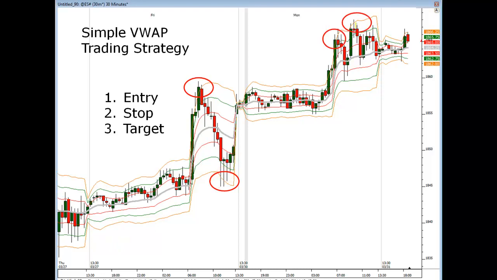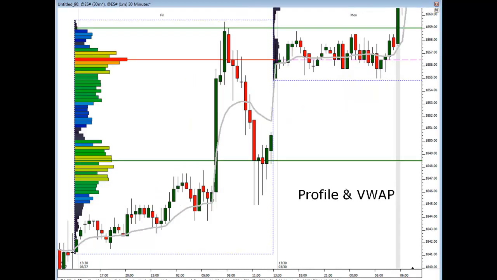Now take a look here. Same thing again. We jump up to the 3rd standard deviation, come back down to the VWAP. 3rd standard deviation again, come back to the VWAP. All right.